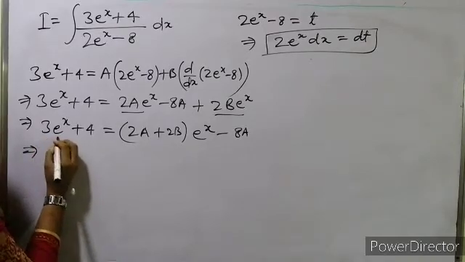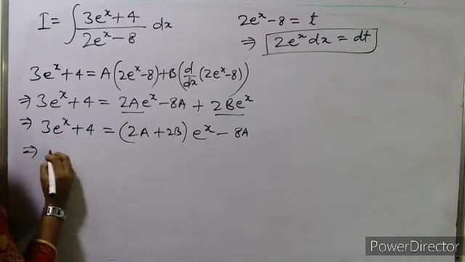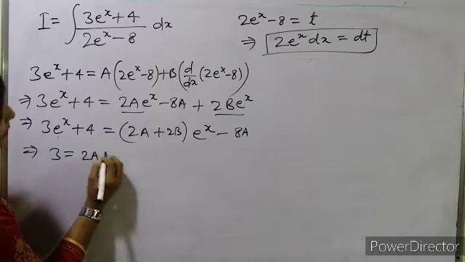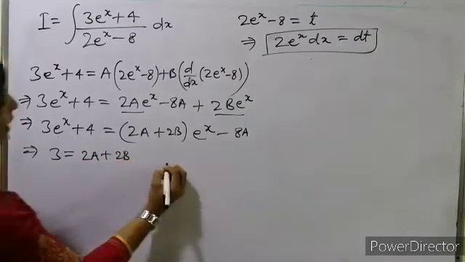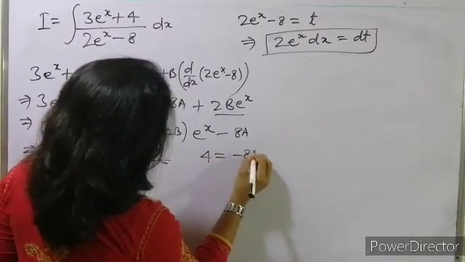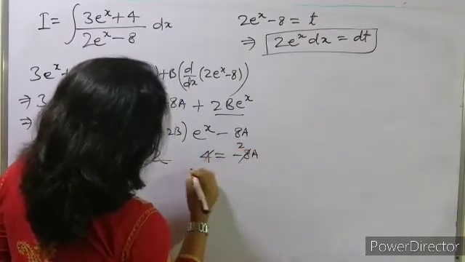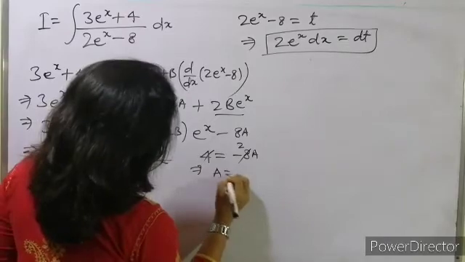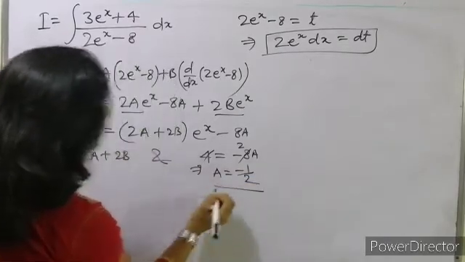So e to the power x के साथ, what value, 3 should be equal to 2a plus 2b, okay, and 4 should be equal to minus 8a, so a should be equal to minus 1 upon 2, okay.